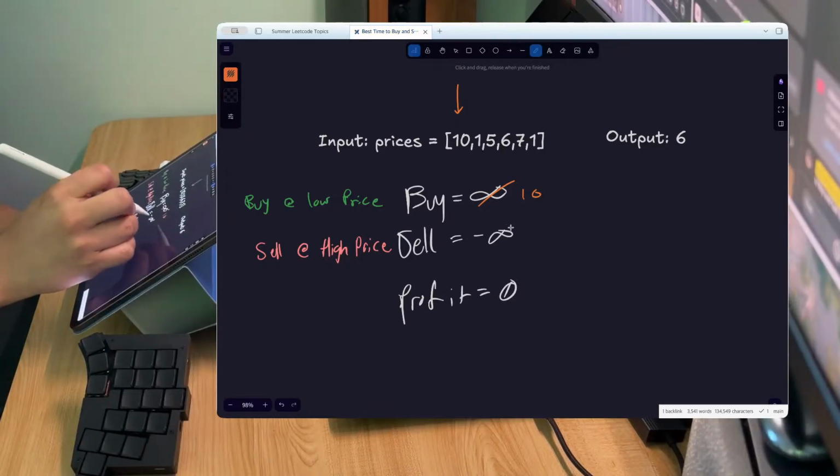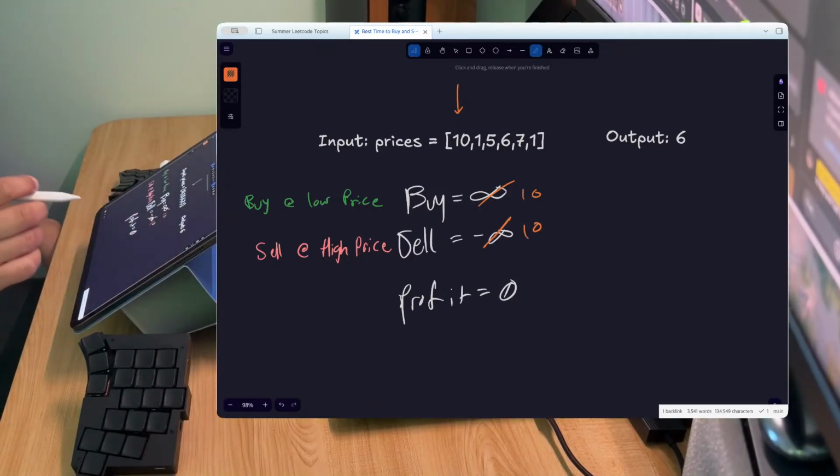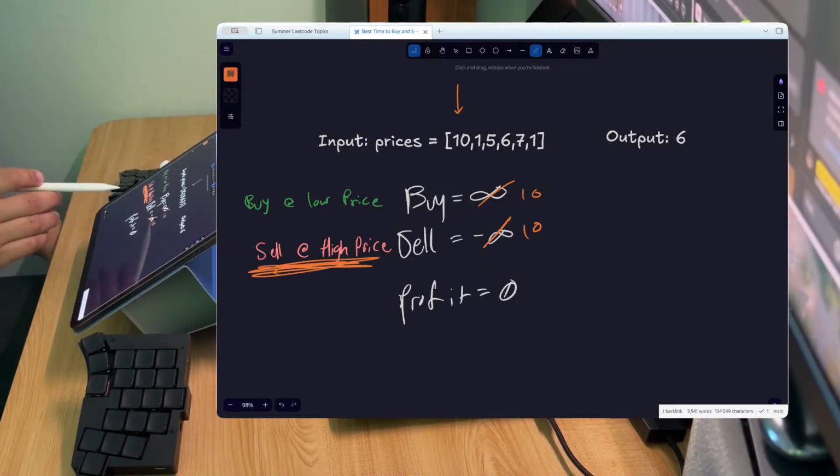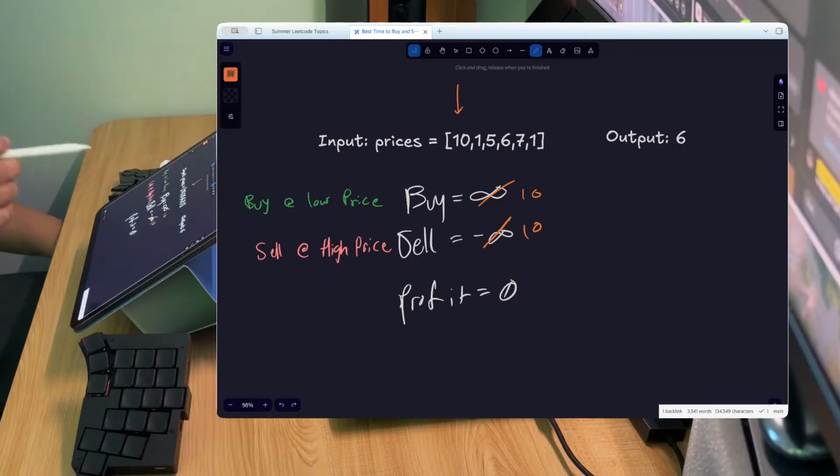And I guess sell would also be set to 10, right? Because 10 would be higher than negative infinity.